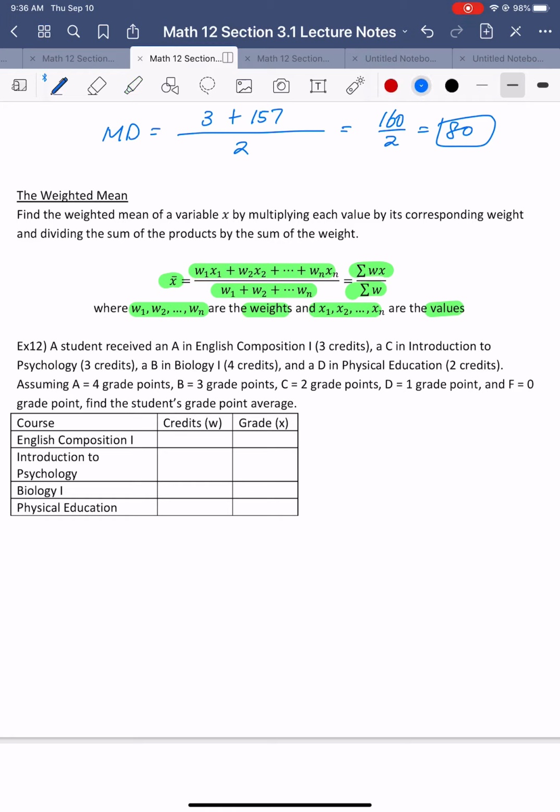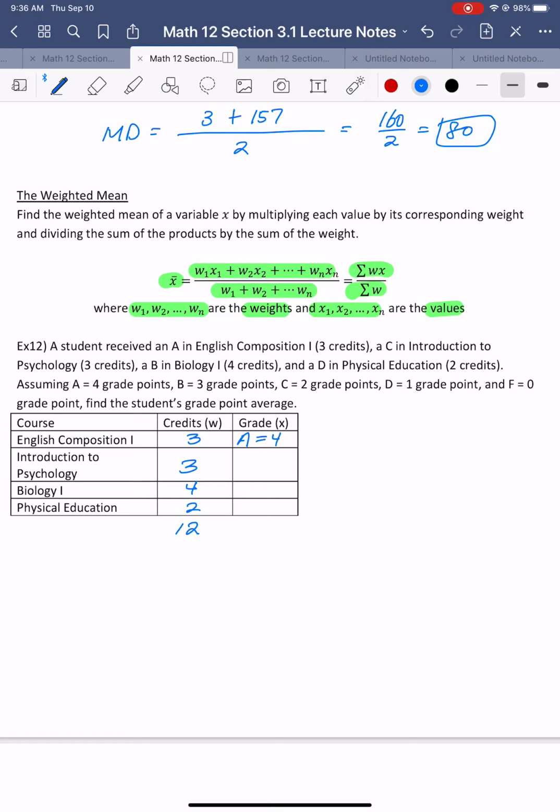Okay, so let's fill in first. Credits for English was 3, for psychology also 3, biology 4, and physical education 2. So this student took 12 units. The grade for English was A, which gave him 4 points.